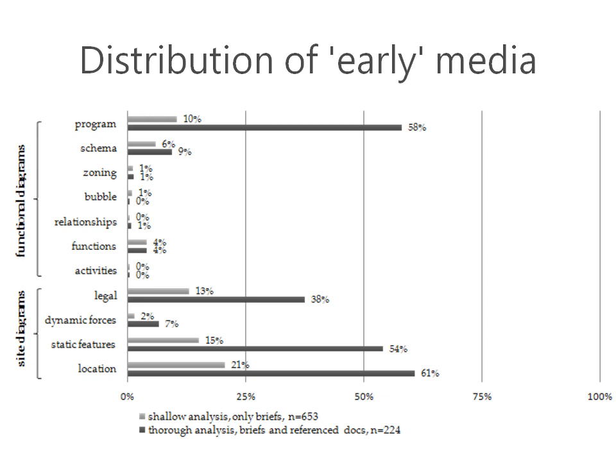These were the functional diagramming media. For the static site diagrams, you had a lot of legal documentation, almost a third already printed in the design brief, like what the zoning regulations are and so on.